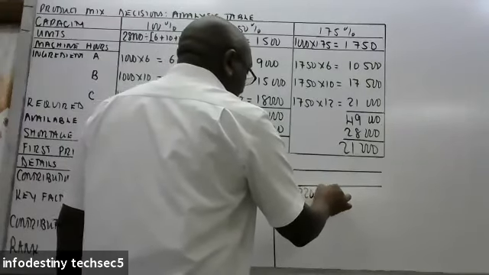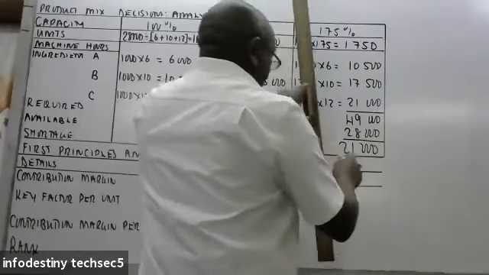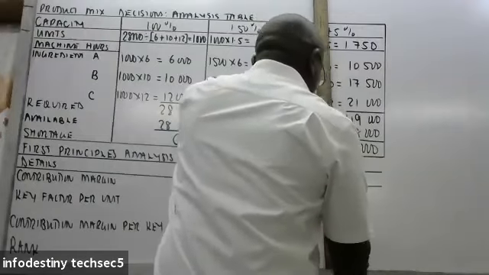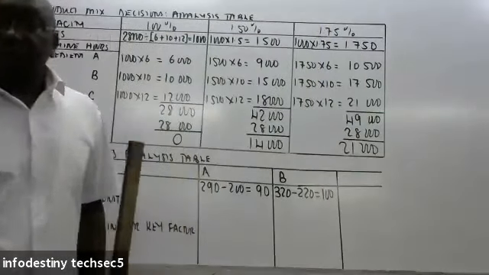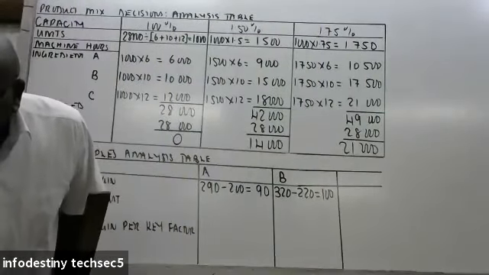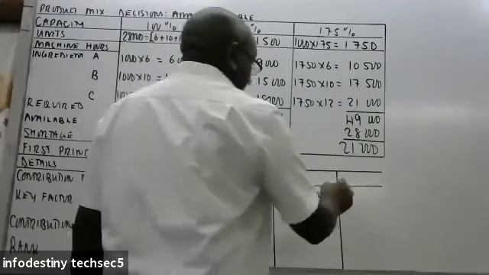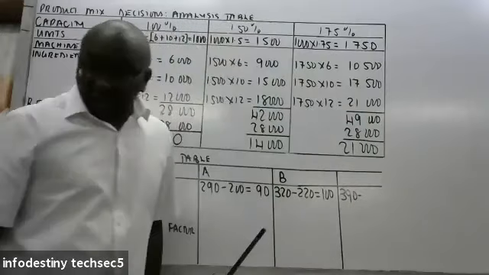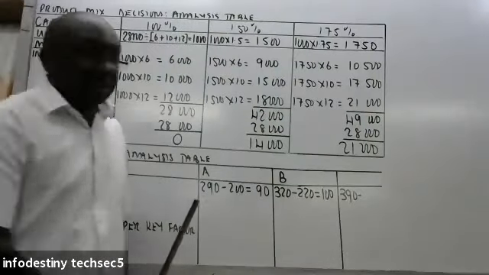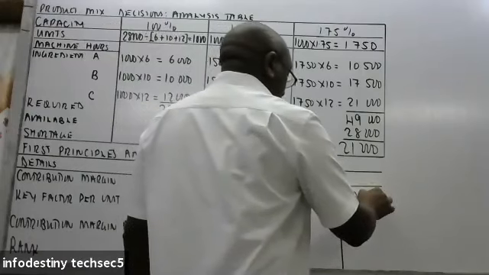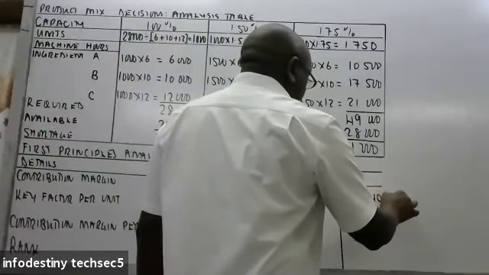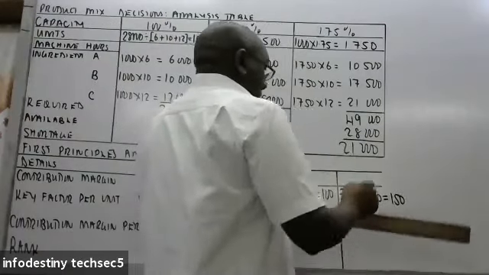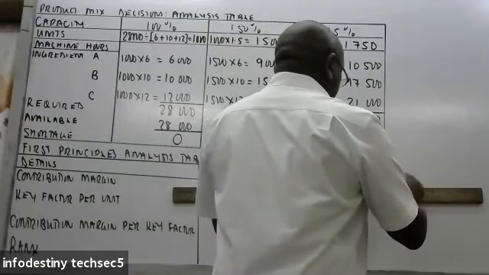So that gives us a contribution of 100. For C, we have 390, and we have a variable cost of 240. And that should give us 150.